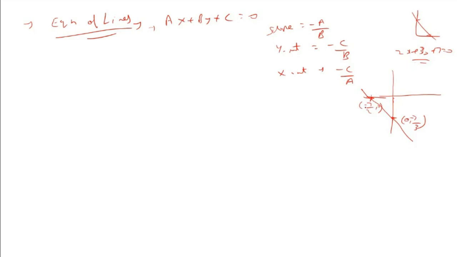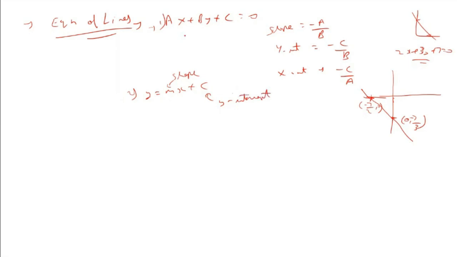That's it. So this is the first and foremost, the most popular equation of a line, wherein you can derive those things. The second equation of the line is also something that you may have seen, which is y equal to mx plus c. m is the slope, c is the y-intercept. It is clear: if you put x equal to 0, you'll get y equal to c. So c is the y-intercept here.